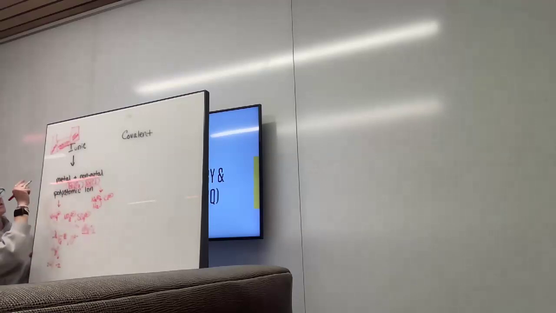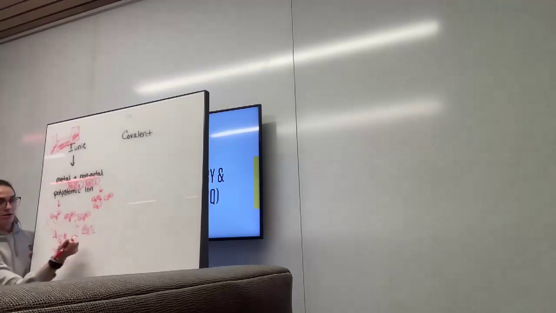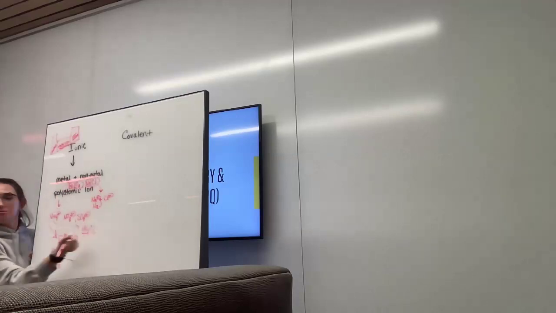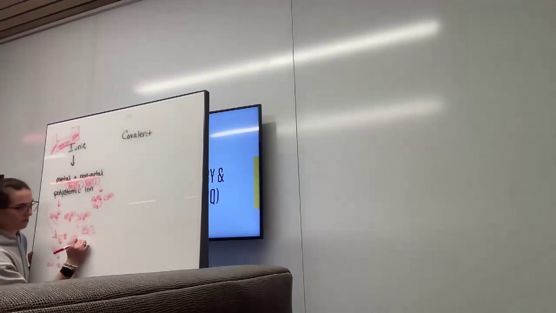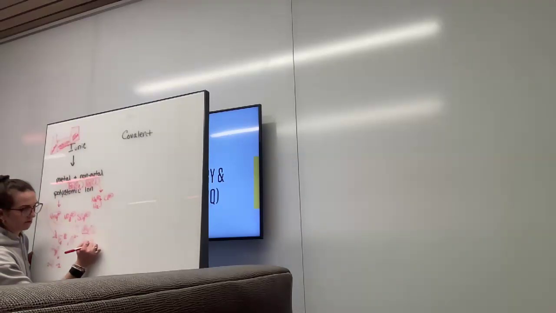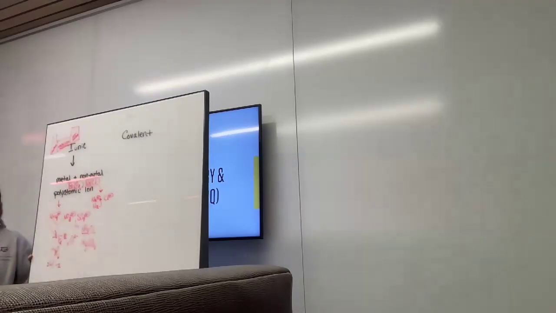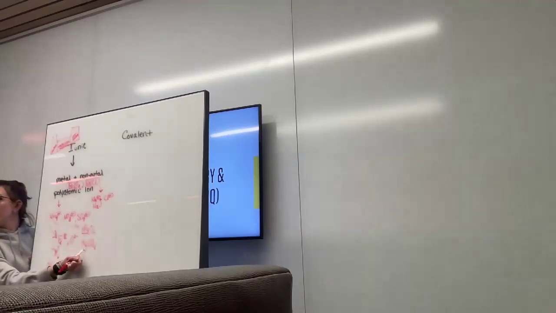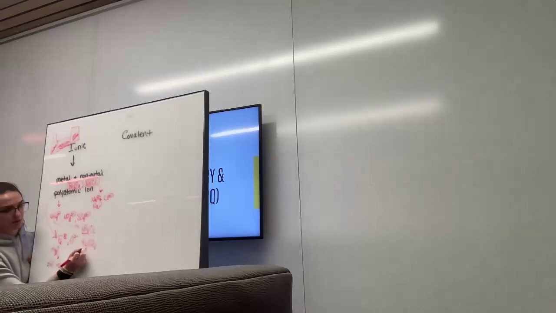Is that a metal or non-metal? That's non-metal, right? So we have polyatomic ion and non-metal. But if we had the sulfate ion, this could be magnesium sulfate. Now what is magnesium? A metal, so this would be your metal component, and now you have a polyatomic ion.